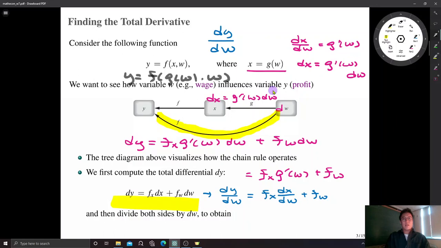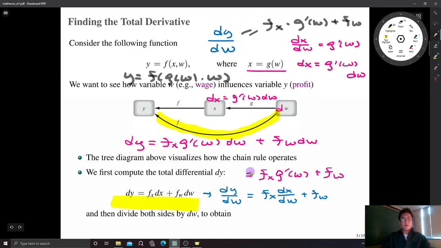So now we can define dy over dw, the normal derivative, and that normal derivative is going to be, because now we consider this w first, f sub x partial, and because by the chain rule, we first take the derivative of the outer function, so the partial derivative with respect to x, and then we multiply by g prime, the derivative of the inner function, and then we consider the change in y due to change in this w, and that's going to be f sub w. Okay.